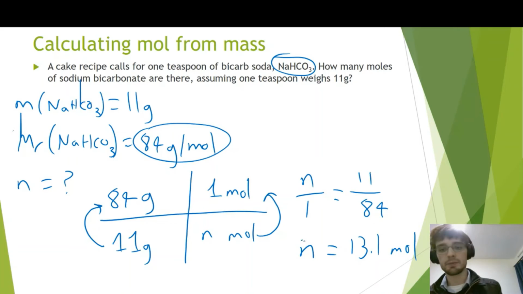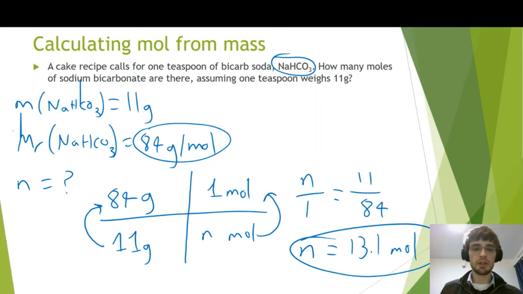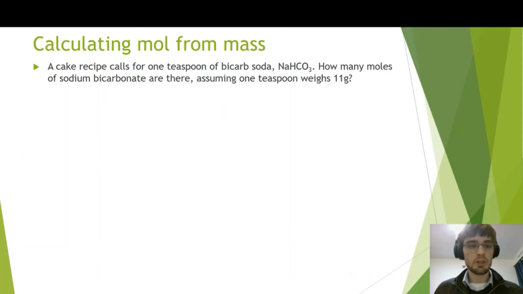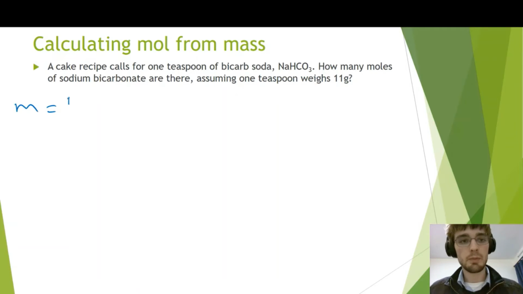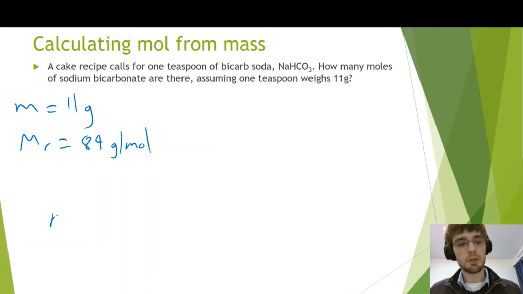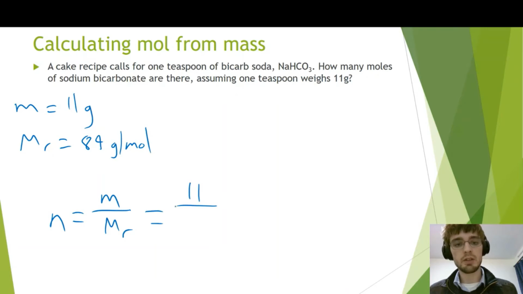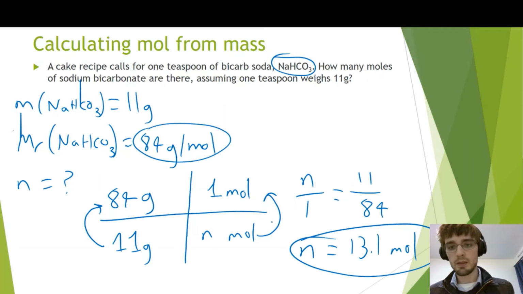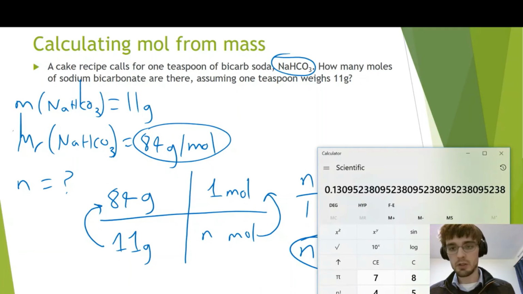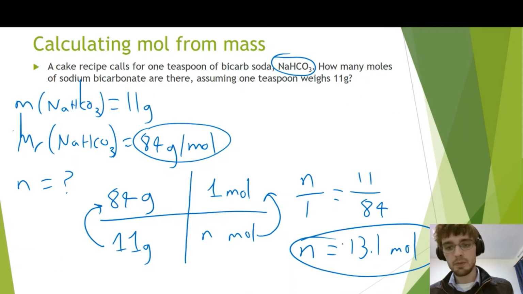All right. So that gives us our answer. The other way that you can do this, again, mass is 11 grams, relative molar mass is 84 grams per mole. You can simply use the equation n equals m over Mr. In this case, the mass is 11, the molar mass is 84, so we get the same answer as the previous page, which is 0.13.